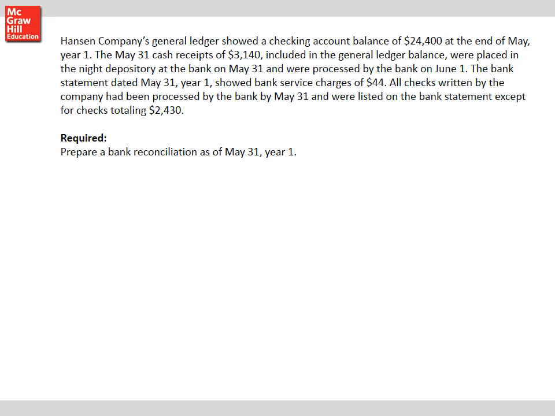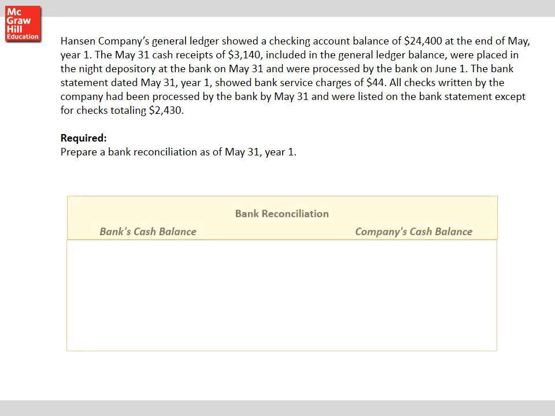The bank also keeps track of cash transactions through their own processing system, and they report that information on a bank statement. If all is well in the world, the bank's balance at the end of the month and the company's balance at the end of the month should equal. And sometimes they don't. And why don't they?